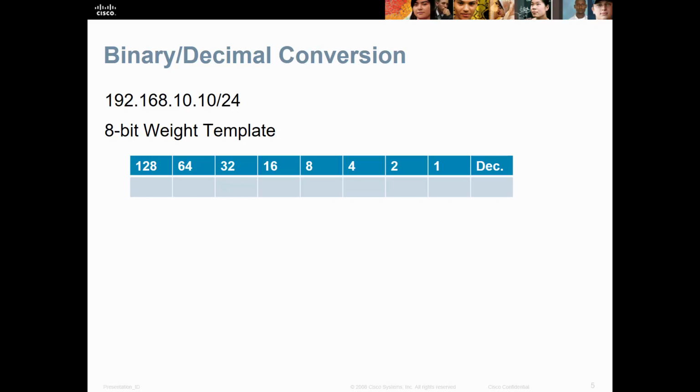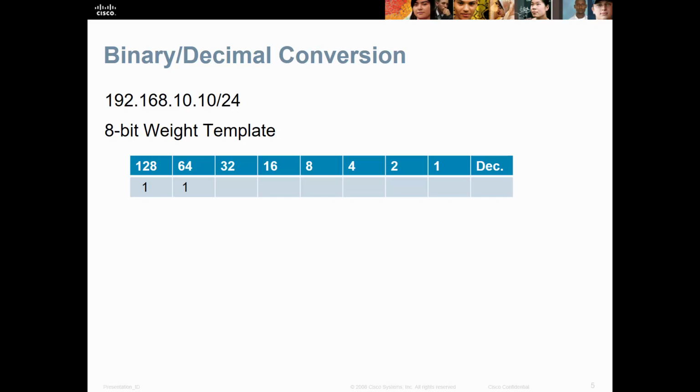So I'll start on the left of your template, and then place a 1 or 0 in the appropriate position to come up with a weight of 192. So I'm going to put a 1 in the first position right here. Now I have a weight of 128. In the next position, I'll put a 1 as well.